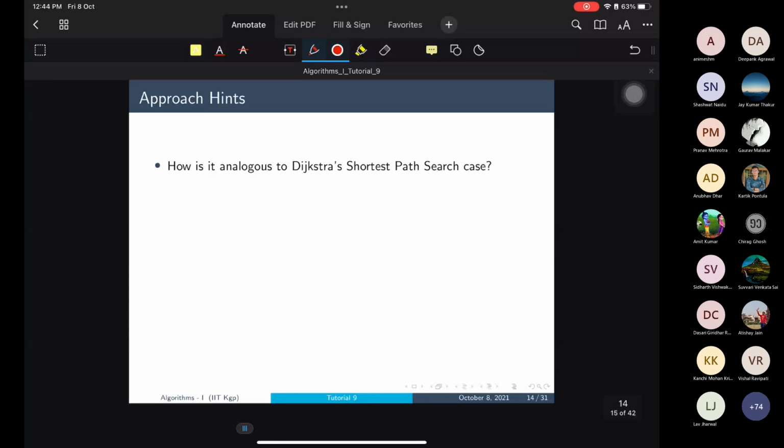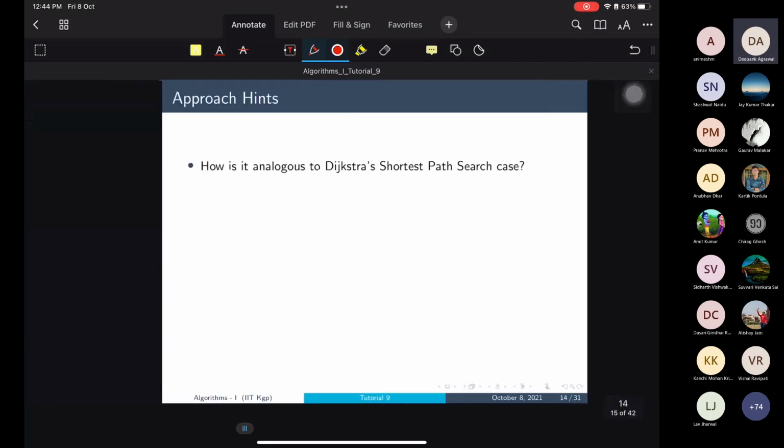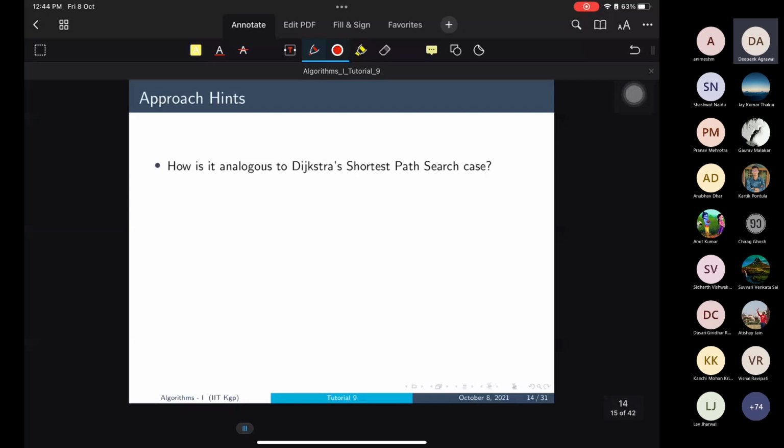So let's go over the hints while you are thinking. The first question that you should ask is how is it analogous to the Dijkstra shortest path case, right? Anyone? Instead of length, we need to check for time.